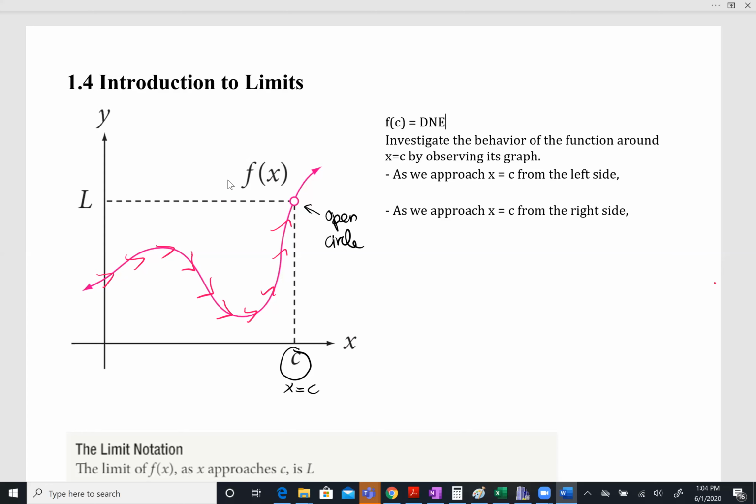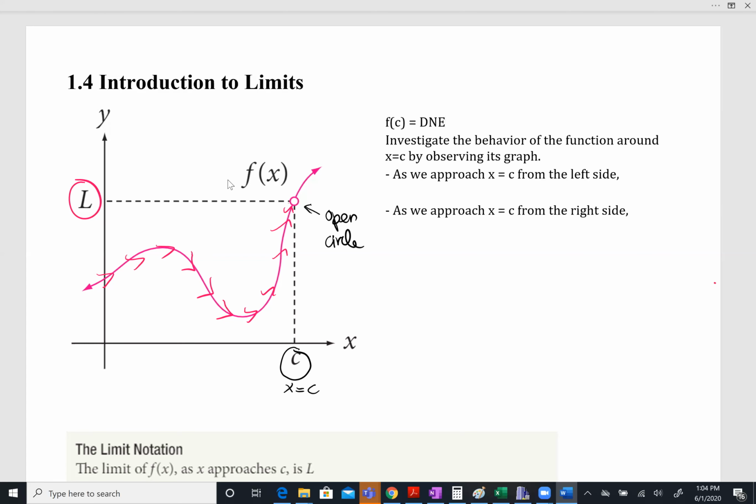You see that? I don't mean that it's going to stay exactly at x equals c, but it approaches c, okay? It approaches c. So you see that the graph is trying to reach L.